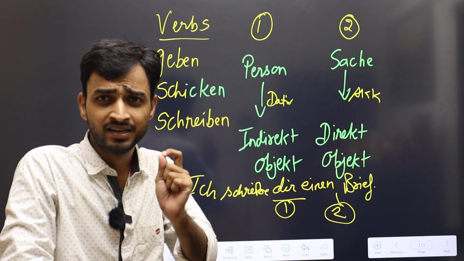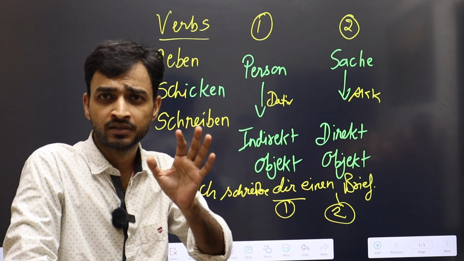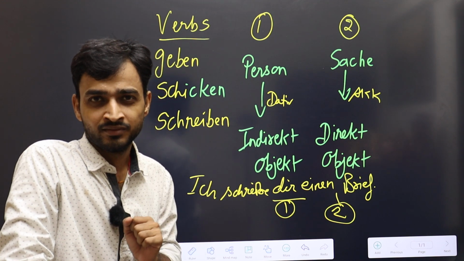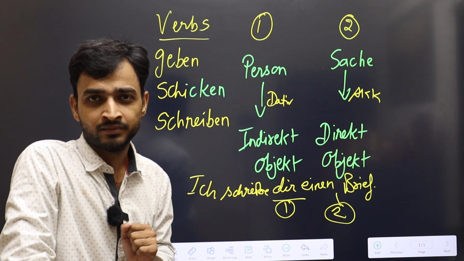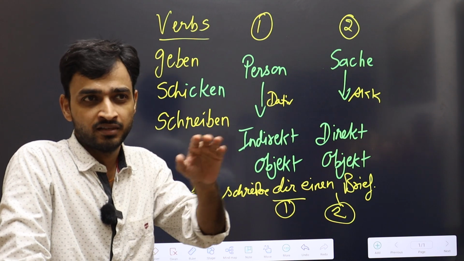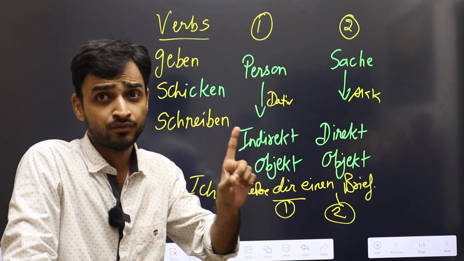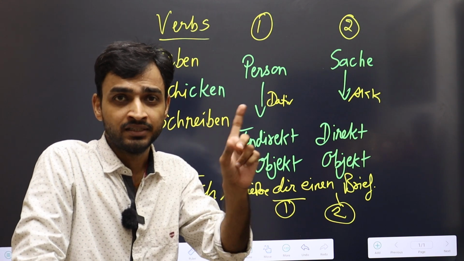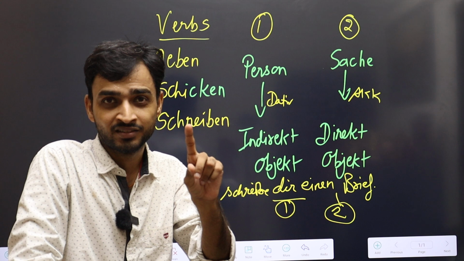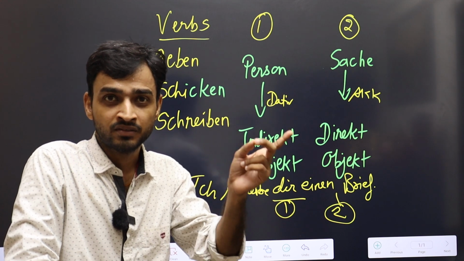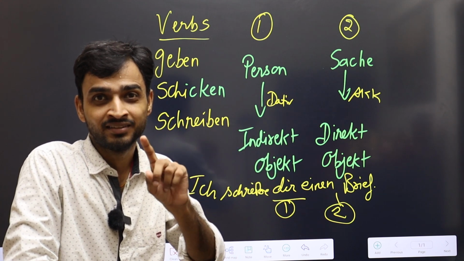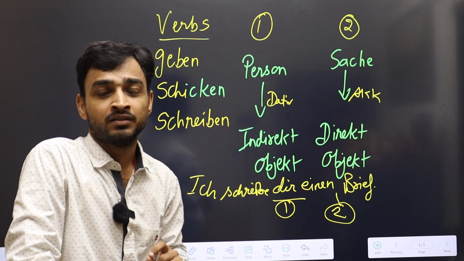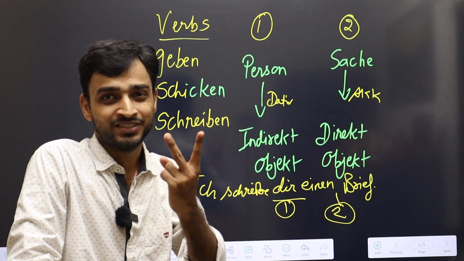I hope you understand, you got an idea, at least 50% knowledge you have attained after watching this much. This is the first part of dative. I said there are different categories. This is the first category of dative verbs that take two objects, indirect object and direct object, or in other words, person and thing. Clear? That is why we say dative verbs mean one subject, two objects.